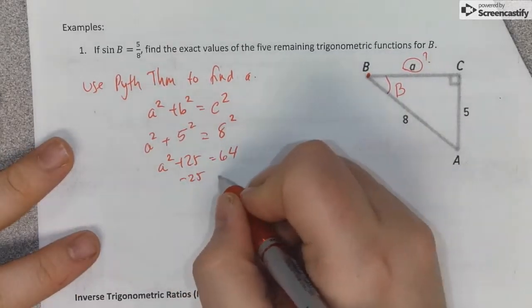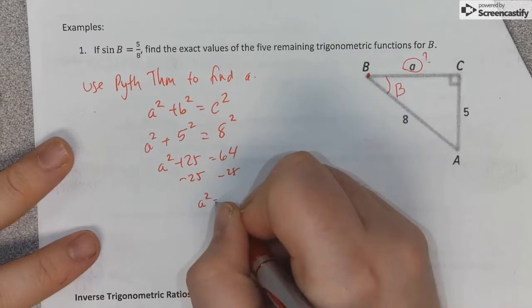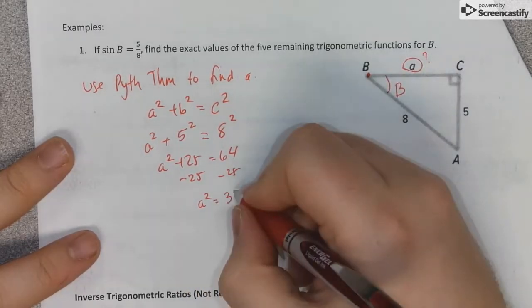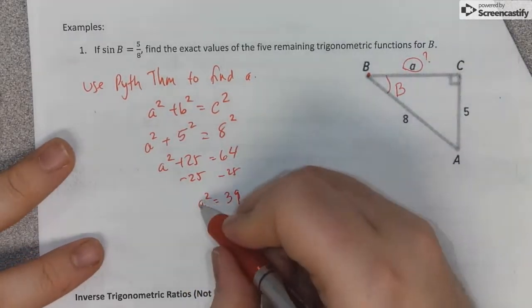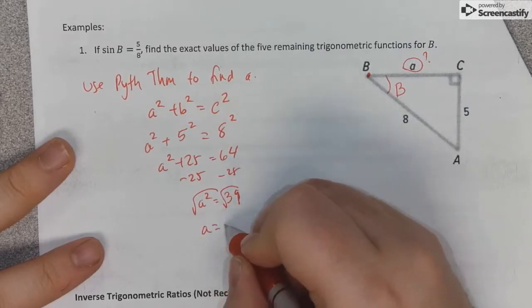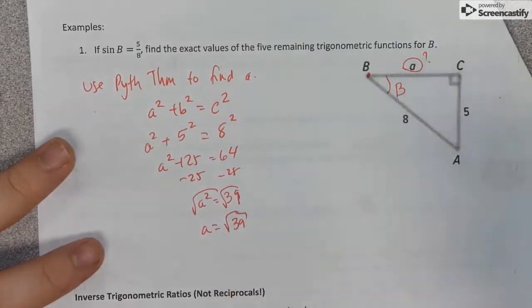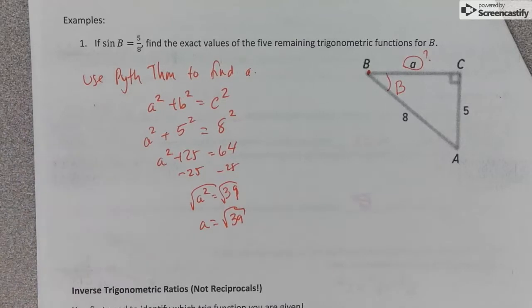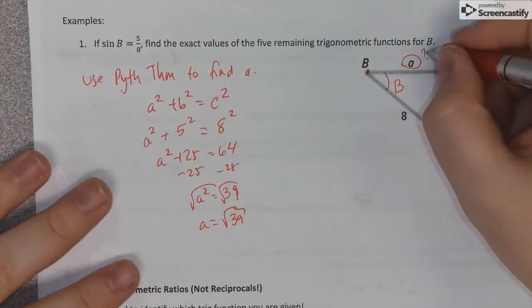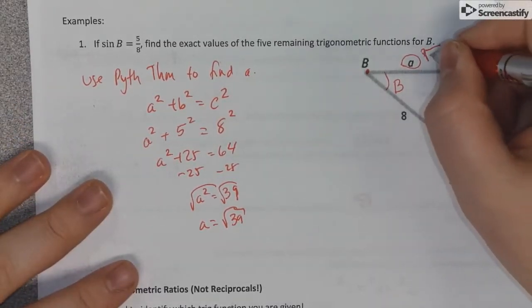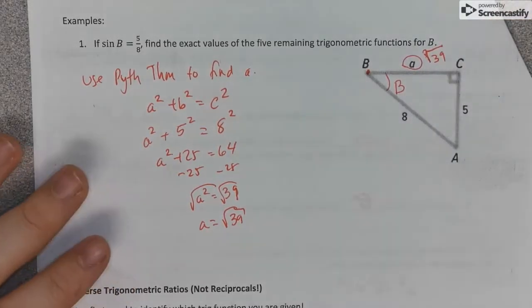Subtract 25 from both sides, so a squared is 39. Take the square root of both sides, and you get a is the square root of 39. So this is the value of this side. This we now know is the square root of 39.